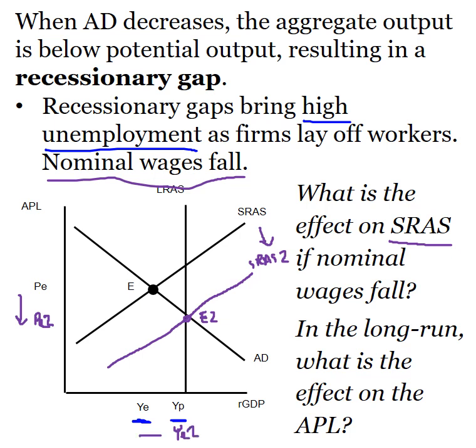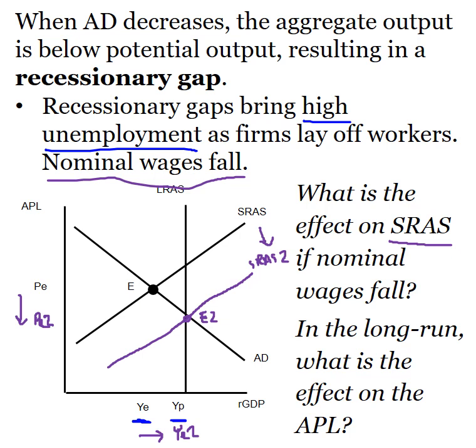Did our YP shift? No. YP only shifts when long run shifts, and long run didn't move. Our new equilibrium point is on the long run, right? Our E, our original equilibrium, is a short run equilibrium because it's not on the long run curve.